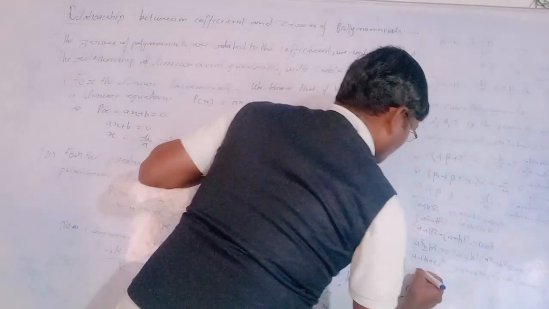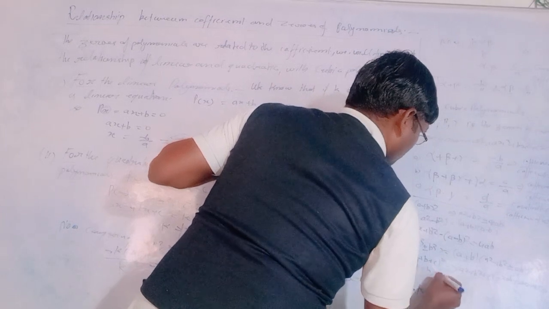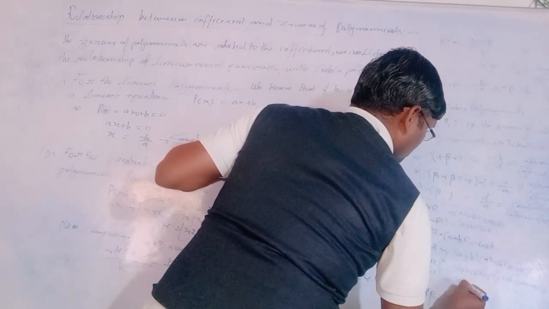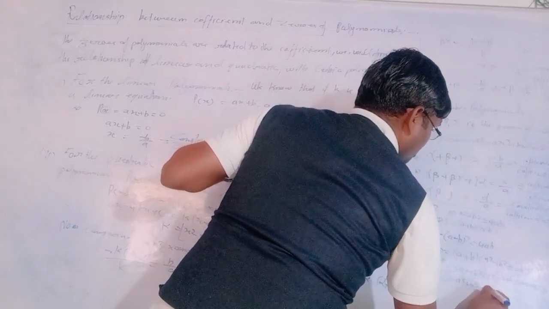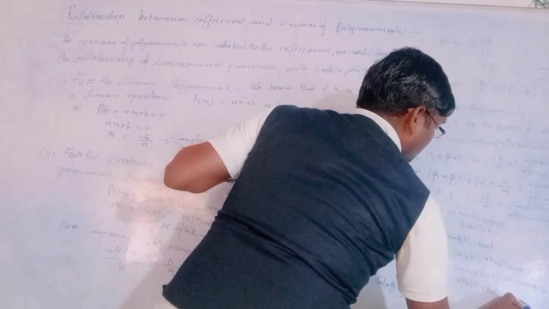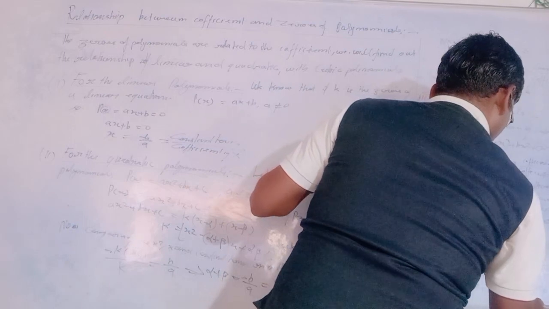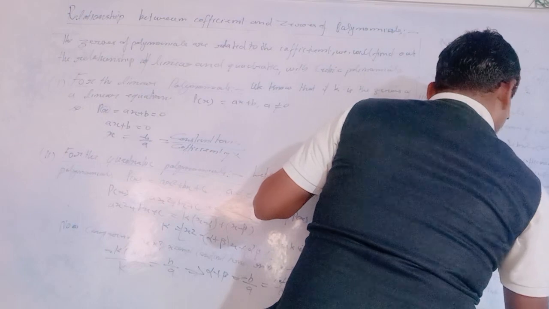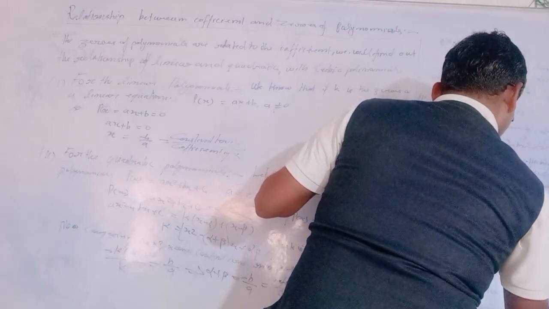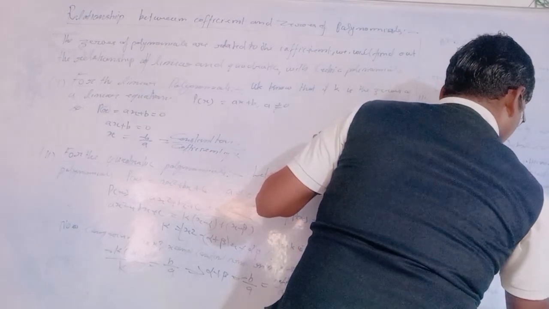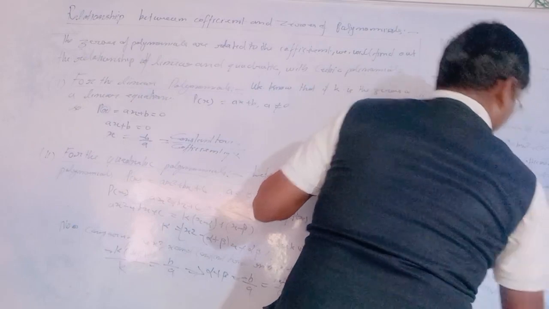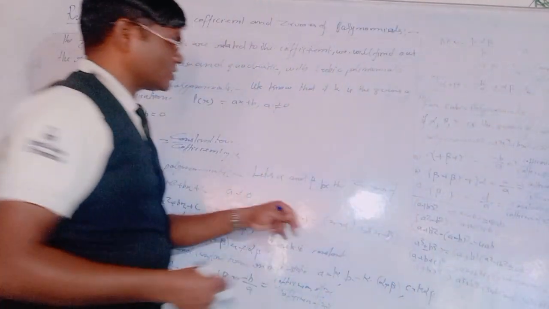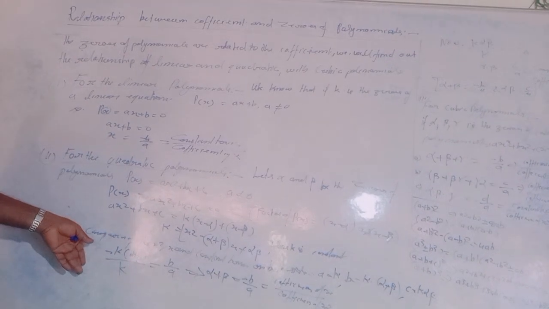Okay, so (a plus b) whole cube we write as a cube plus b cube plus 3ab(a plus b). Or we can say a cube plus b cube plus 3a square b plus 3b square a. These are the formulas for (a plus b) whole cube.